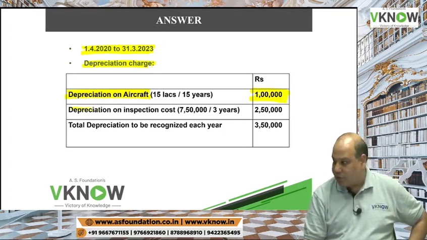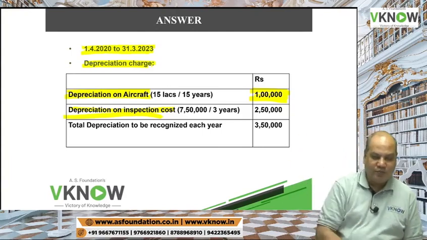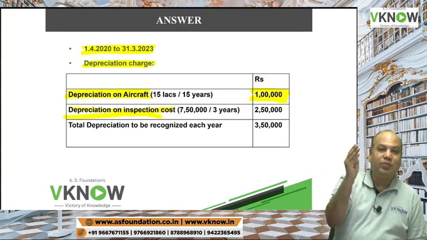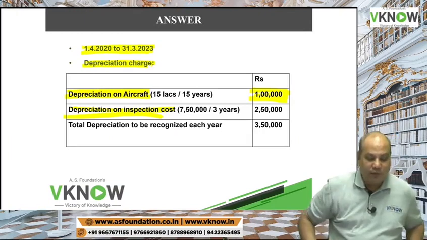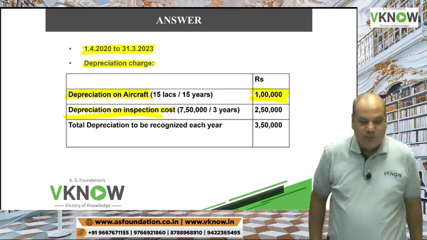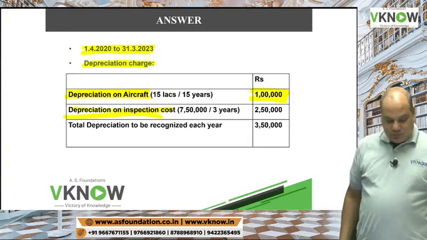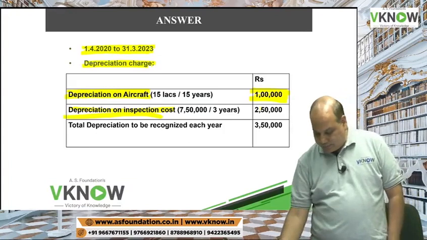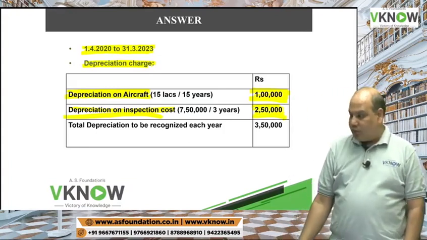Then write down depreciation on inspection cost. Everybody will say yes or no. Depreciation on inspection cost in years number 4, 5 and 6 will be now 7,50,000 divided by 3, which is 2,50,000.